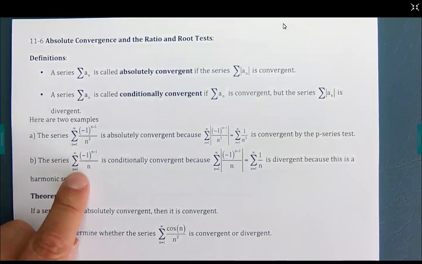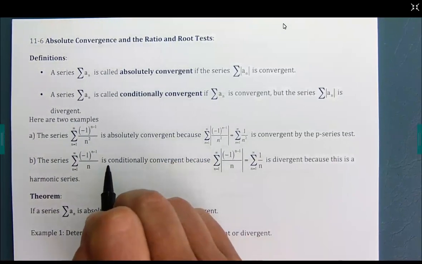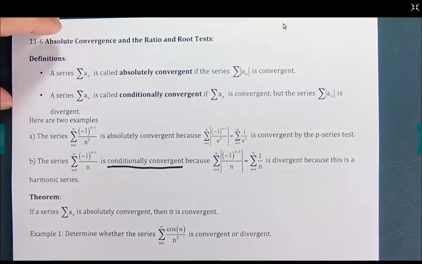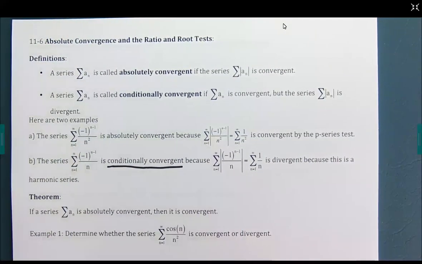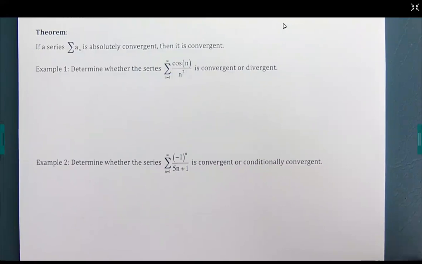So it's convergent. This one is convergent. However, this one is divergent. We would say that this one is conditionally convergent. Because with the alternating series test, the original is convergent. When we take the absolute value, it is not. So that is the difference. We talked about the theorem. Let's jump into the examples.